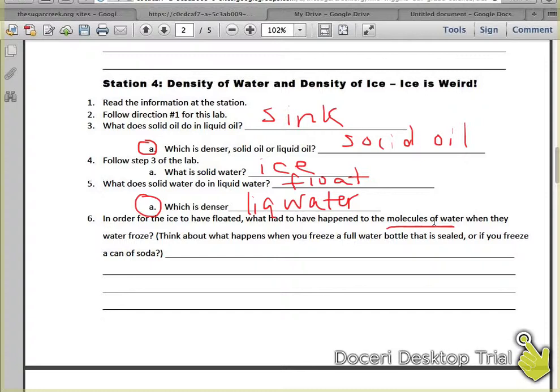And what did you learn in your web quest about solid water? We learned that it floated because it expands. And you had to say something about the molecules expanding. And when they expand, they create air bubbles which allow them to float in the liquid water as opposed to other substances. Dewey? Oh, this tells me you have a question. You don't have to say it after you raise your hand.